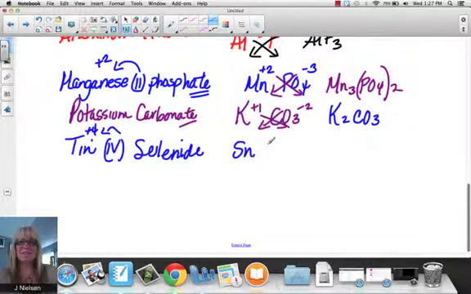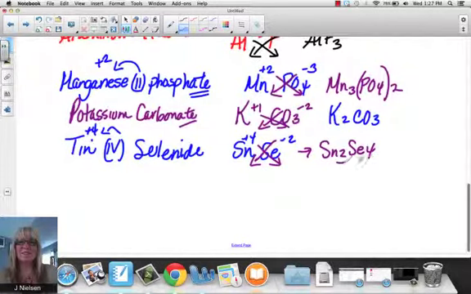Selenide is selenium, which is Se, which is -2. So we've got a +4 and a -2, and we drop and cross, and we're going to get Sn2Se4. But this is not reduced. 2 goes into 2 once, and 2 goes into 4 twice. So our final formula is SnSe2.